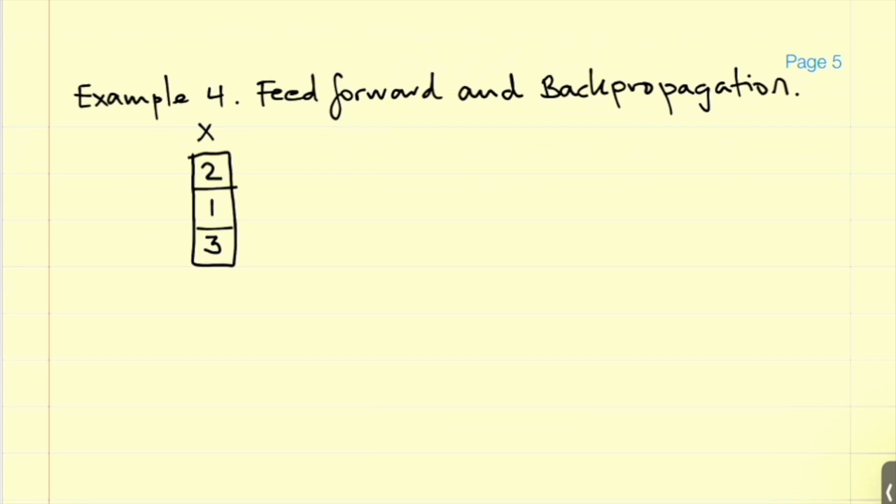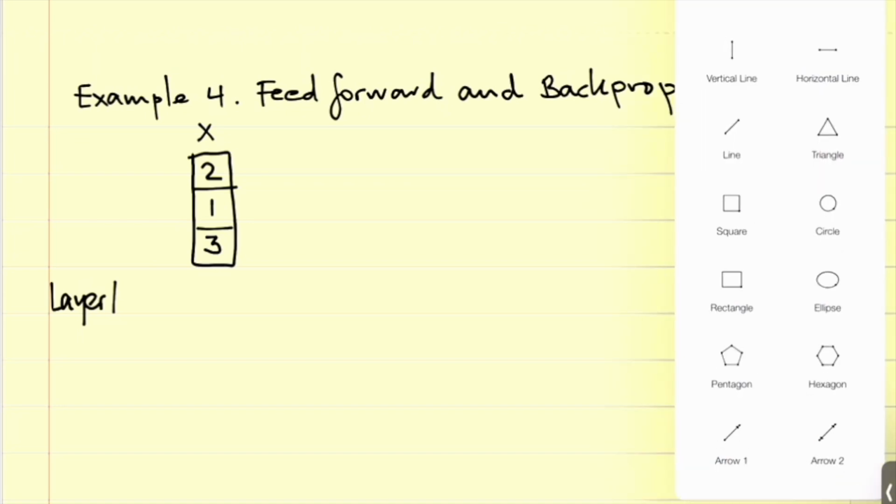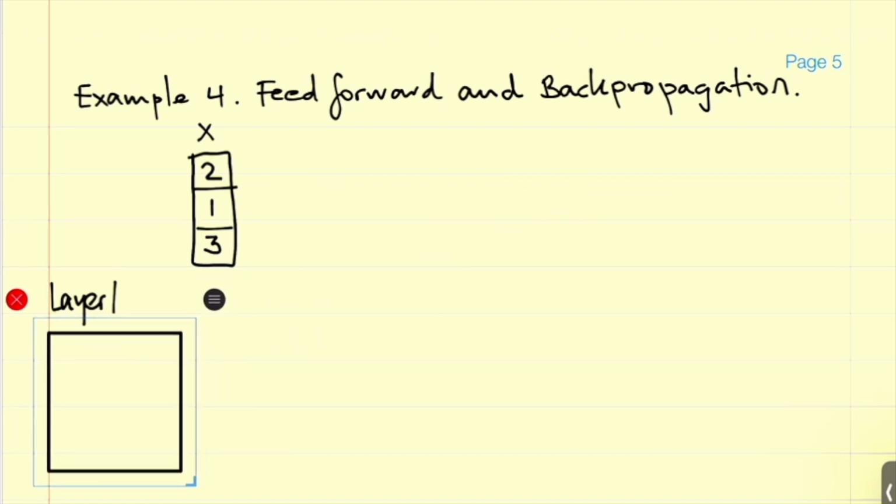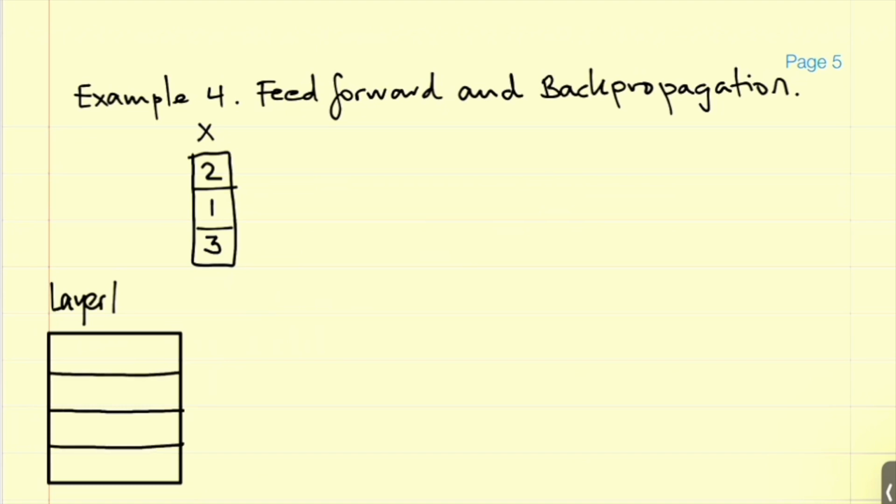We have a layer 1 that has, let's say here, these weights initialized: 1 1 0, 0 1 1, 1 0 1, then -5, 0 1 -2.